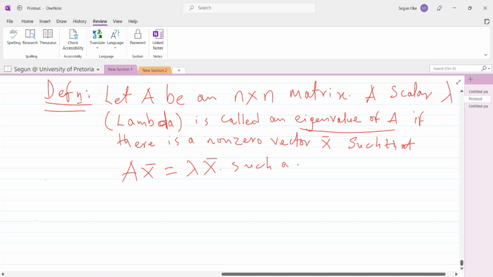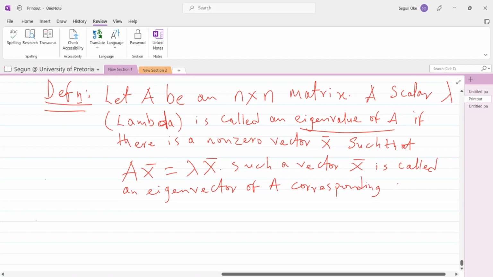Such a vector x bar is called an eigenvector of A corresponding to lambda.